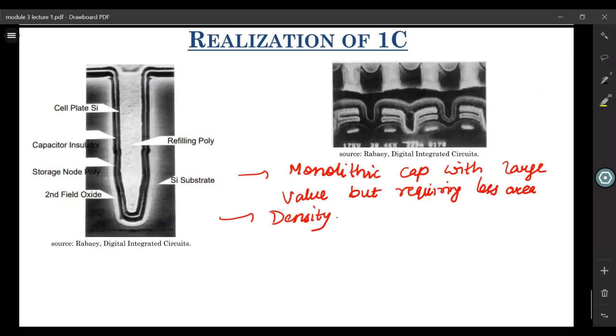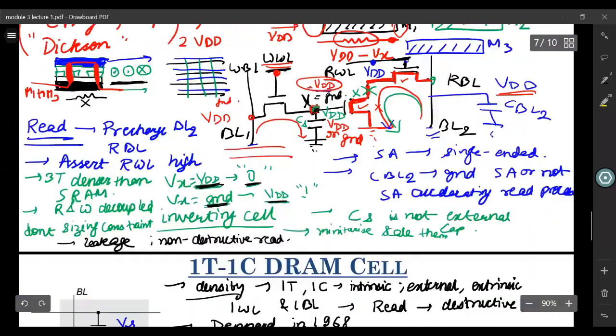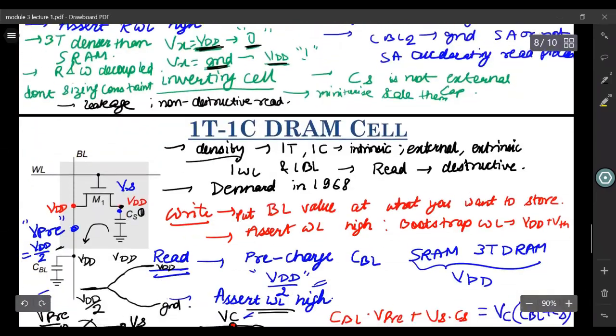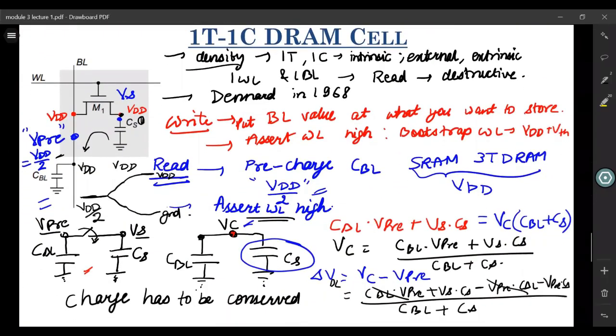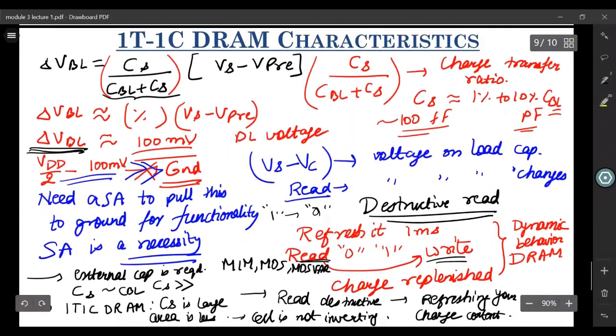And at the same time, this also hinders scaling of this CS. In 3D DRAM, I told you that you scale down the MOSFETs, your CS will scale down, and there won't be any problem because there is no destructive read. In 1T, 1C, you scale down the technology and reduce the value of CS. What happens is, this charge transfer ratio reduces.